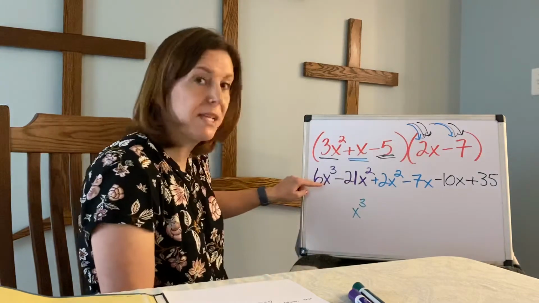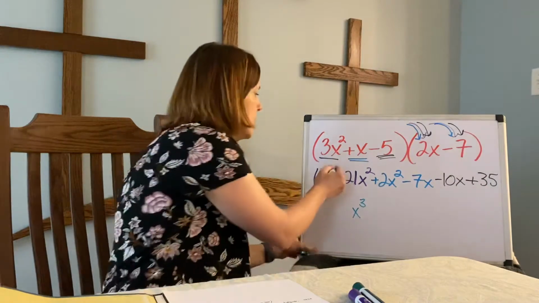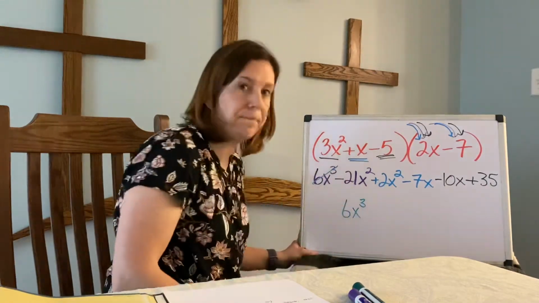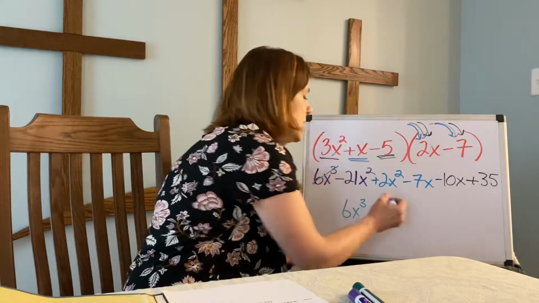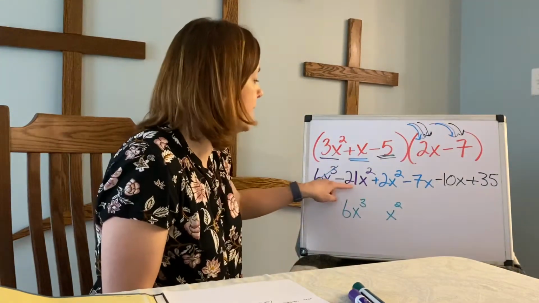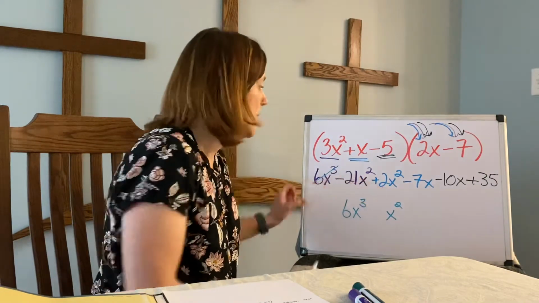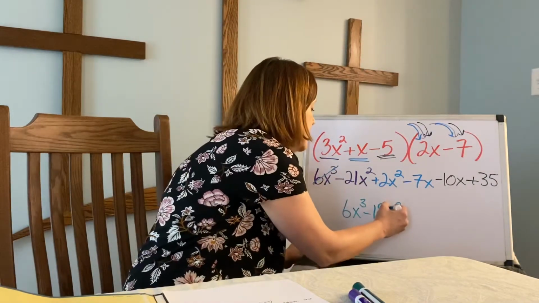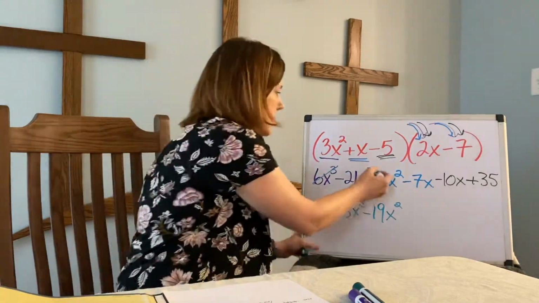If I look at my 6 terms, I don't have anything else with an x cubed. So this is going to remain the same. My next one is going to be my x squareds. So I find all my x squareds. Well, I have negative 21 plus 2 of them. So I know I'm going to have negative 19x squared when I combine them.